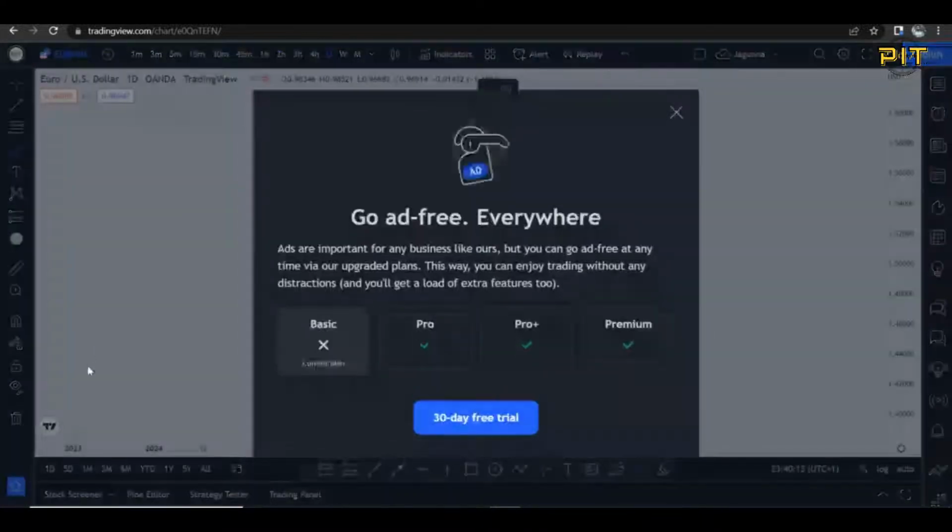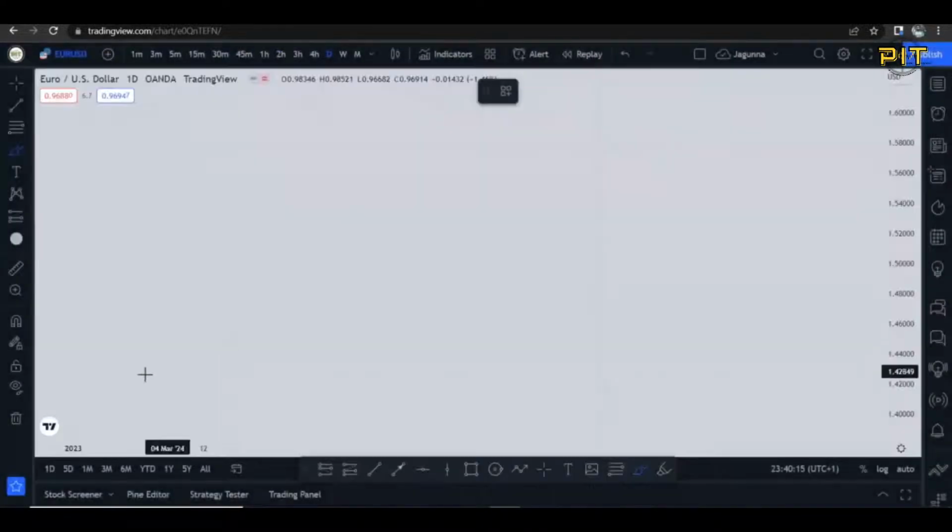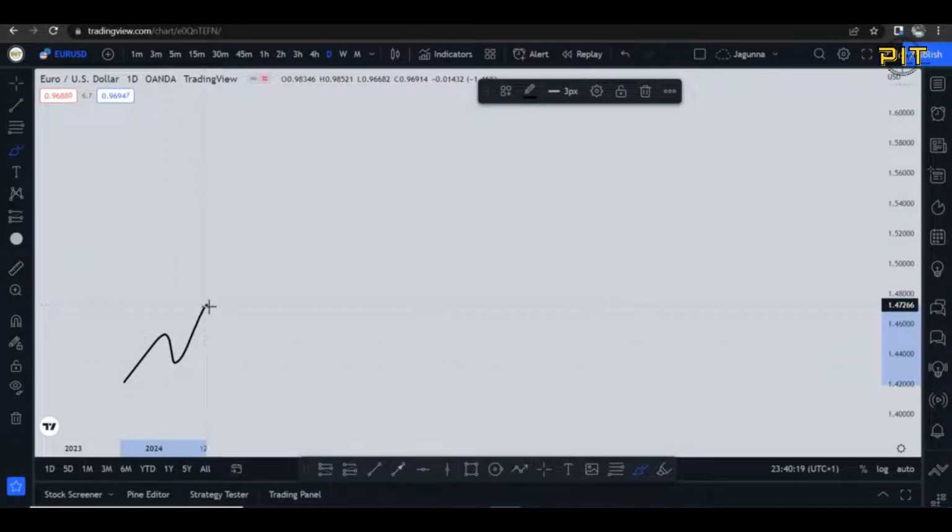Now you can see price coming like this, and then dropping down like this, and then going to the upside, dropping down, and then going to the upside.